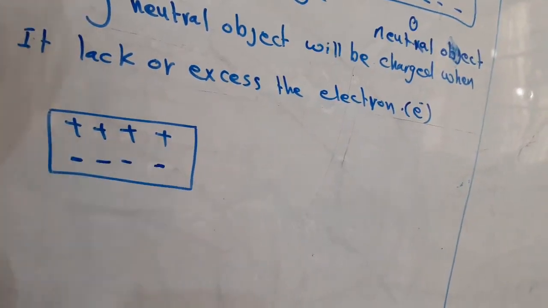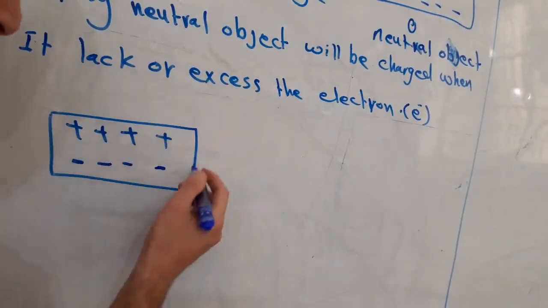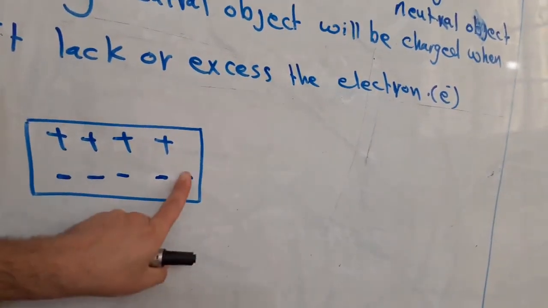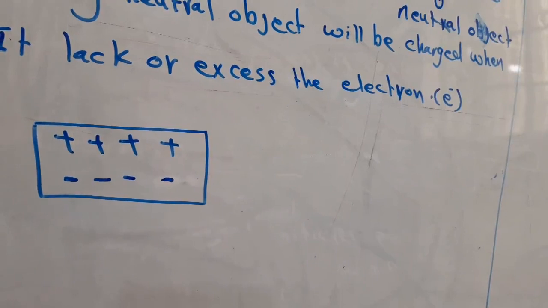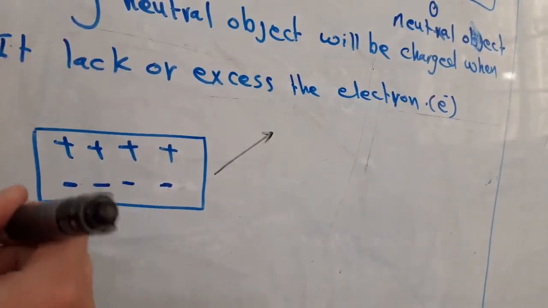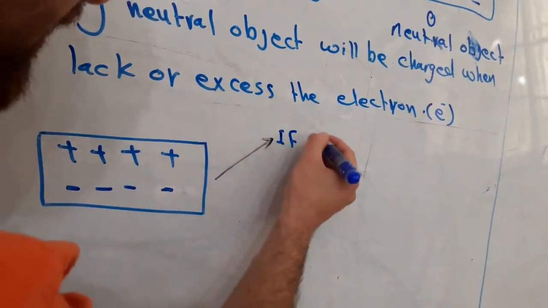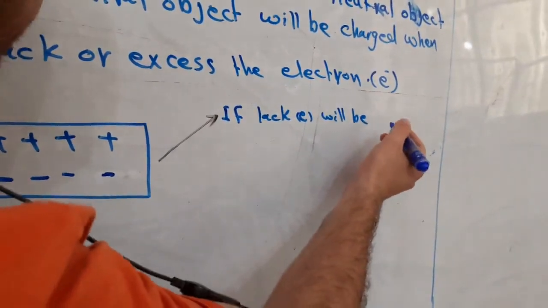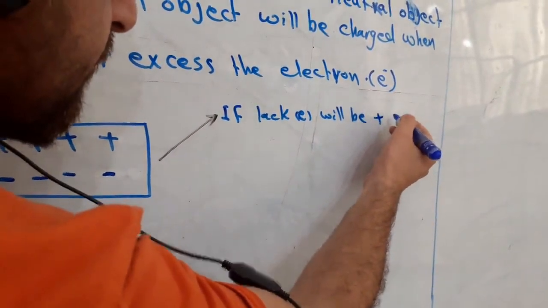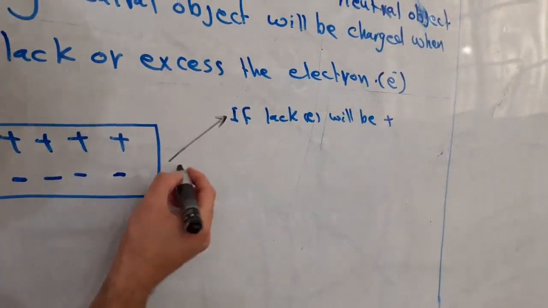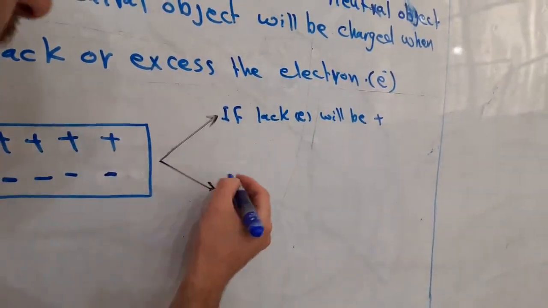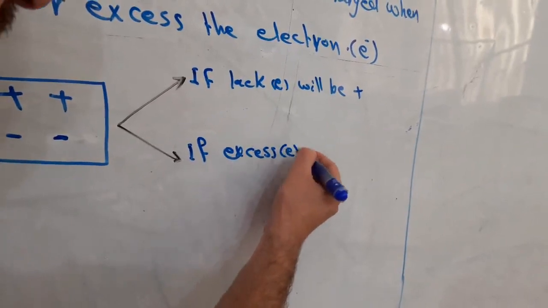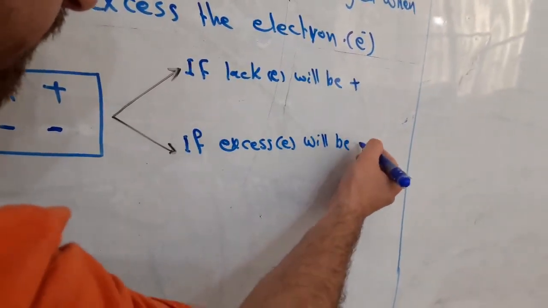When there are excess electrons, it will be negative. Okay, it's very easy.